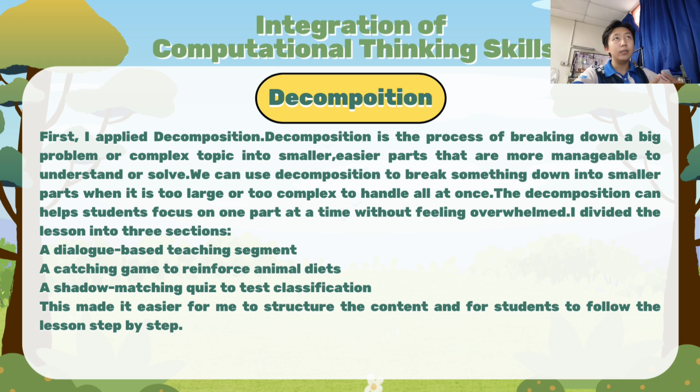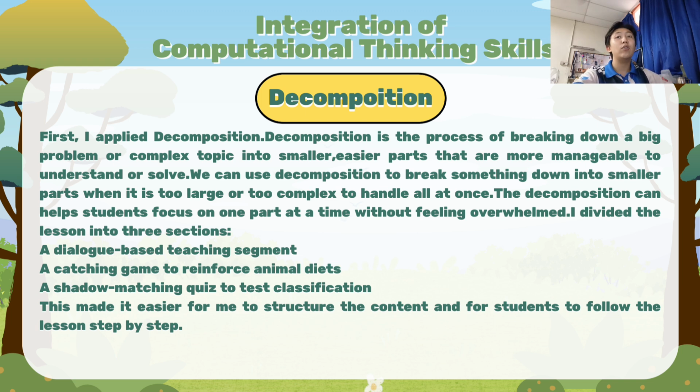So in these games they will know that the rabbit does not eat meat, because the score of the game will be subtracted. When the answer is correct, when the rabbit eats vegetables like carrots or bananas, the score will be added. So in this game they will know what food the animal must eat. This makes it easy to capture the content and for students to follow the lesson step by step.